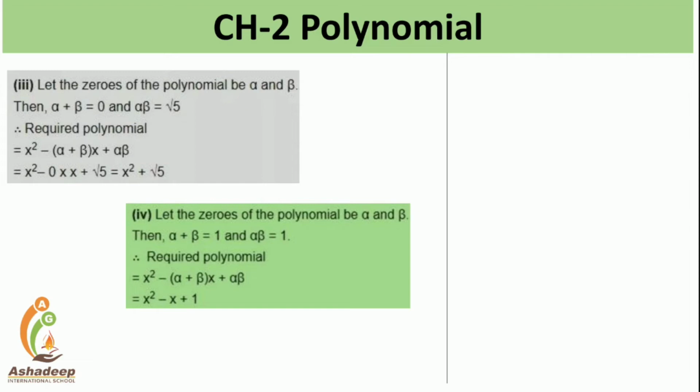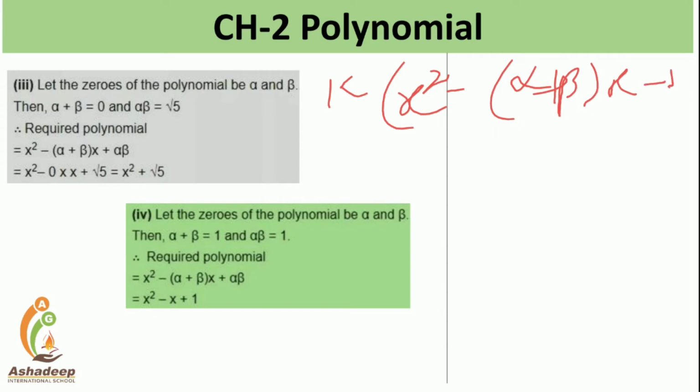We will directly go with k in bracket x square minus alpha plus beta into x plus alpha into beta.